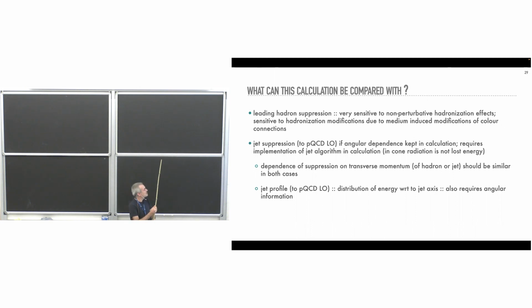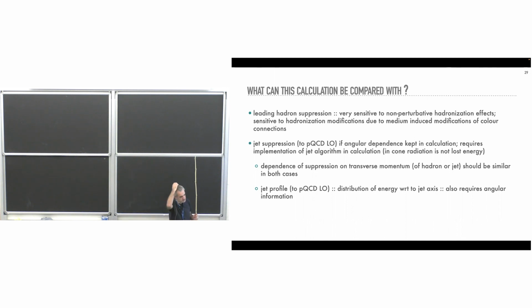If I have that, I can claim that I've calculated jet energy loss to what you call leading order or next to leading order, it depends. To leading order, meaning one gluon emission. If I wanted to go to what I'm calling next to leading order, I would have to consider two gluon emissions.